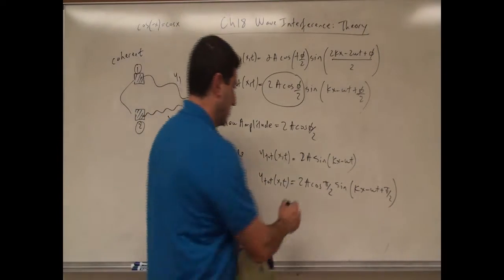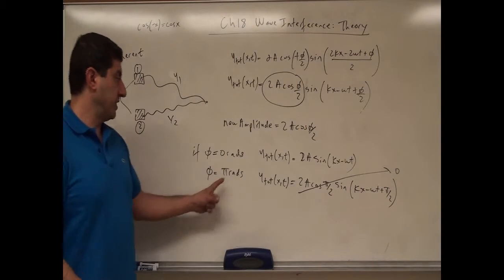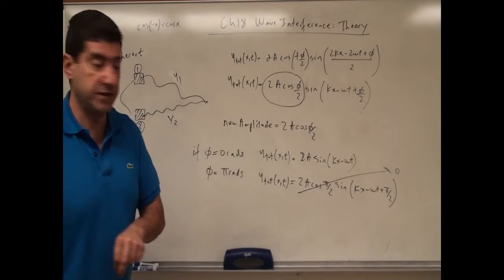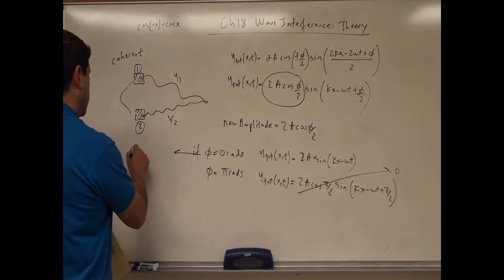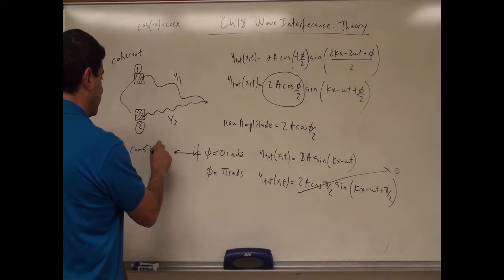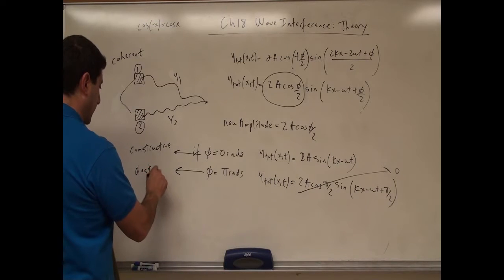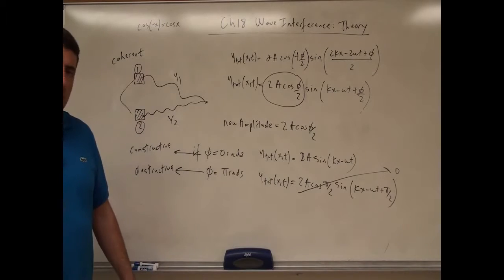That is 0. So that means, boom, they completely cancel each other. So being pi rads off from each other causes destructive interference. Being 0 rads causes constructive interference, and this is destructive.